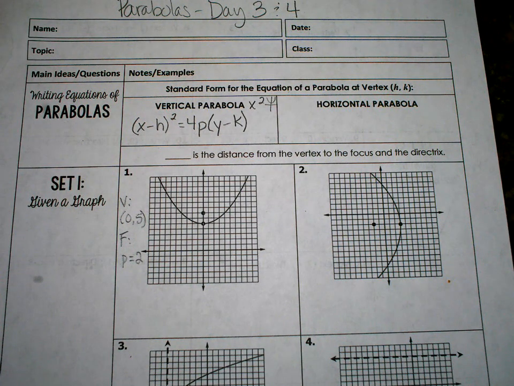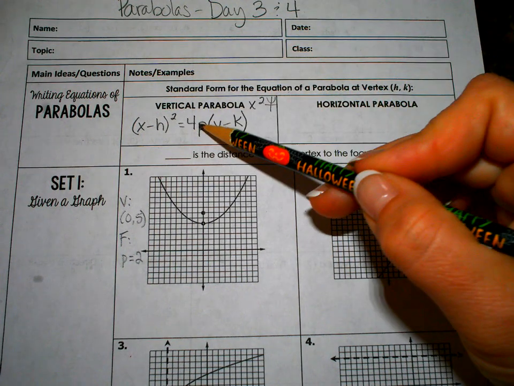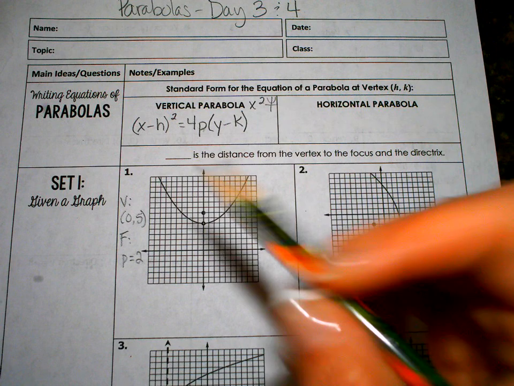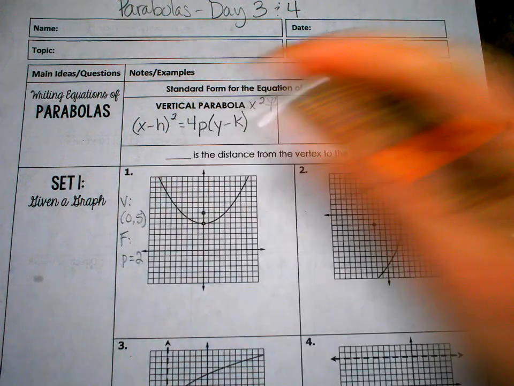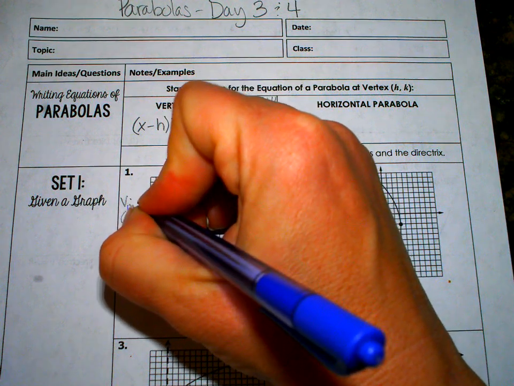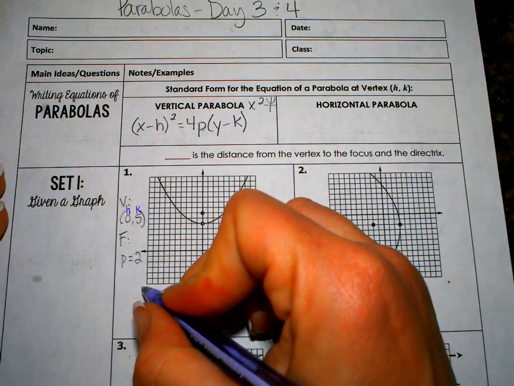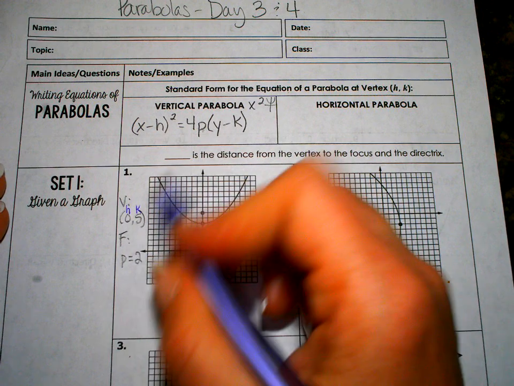Okay, so given that information, my vertex is (0, 5). My focus is 2 away from my vertex. So I'm going to use this formula. I know that p is 2. This is h, this is k: 0 and 5. Remember, the signs are going to be different.